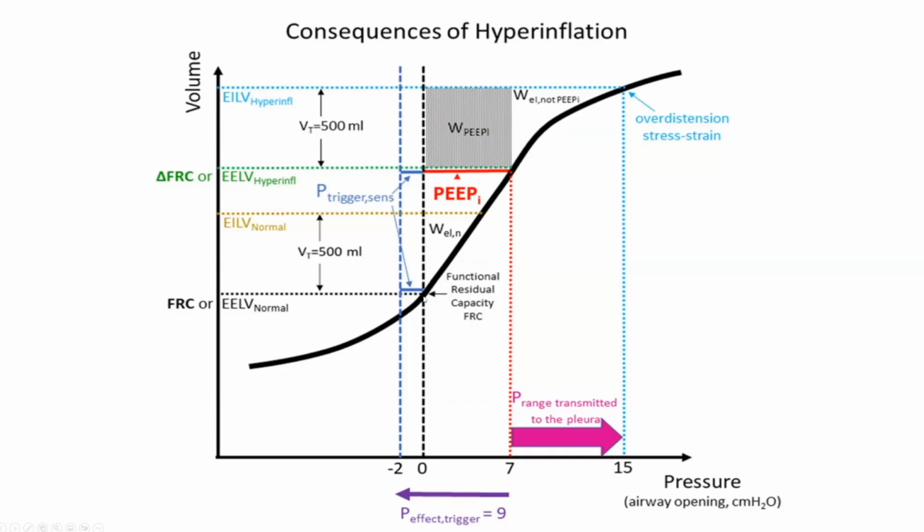Starting from here, you can see changes in pressure correspond with larger changes in volume. Small changes of pressure, large changes in volume. This is a steep portion of the pressure volume curve, but it starts to flatten out here. The lung is less compliant, and much more work needs to be done to attain the same tidal volume.